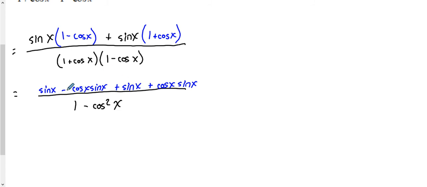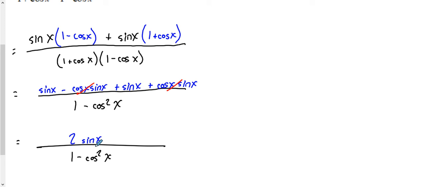I can cancel out my negative cos x sine x with this positive cos x sine x. Let's combine our two sine x's up top. So we have our 1 minus cos squared x still in the denominator, and in our numerator we have 2 sine x, because we're adding two sine x's together.